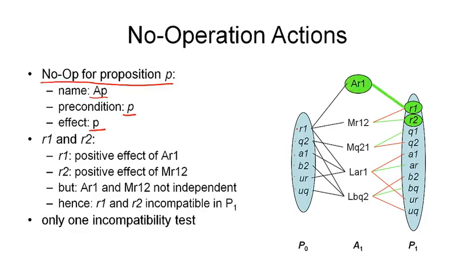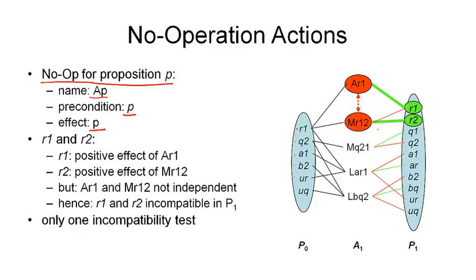Now we can see that R1 is also a positive effect of AR1, and R2 is a positive effect of MR12. But when you think about it for a second, you will see that these two actions are not independent, so they cannot occur together in our final plan.